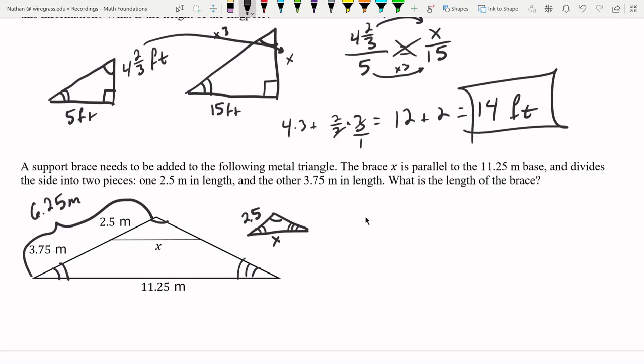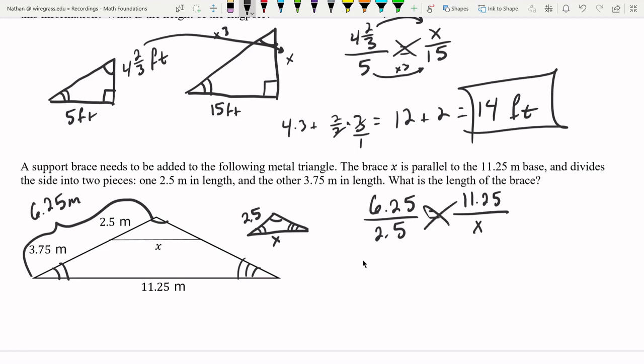So we can now create the proportion. 6.25 and 2.5 are related, and then 11.25 and x are related. So here's one way you can set up the proportion to solve it.